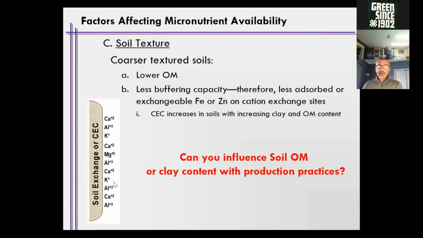So if you're going from a highly tilled environment to no-till, and if you're lucky enough to plant cover crops and start doing things that would improve soil health, including organic carbon content in your soils, then yes, you can improve soil organic matter. We already know this. Clay content, on the other hand, I don't know any other way to improve clay content in a soil unless you actually import clay and put it in your soil, and that's not cost effective.